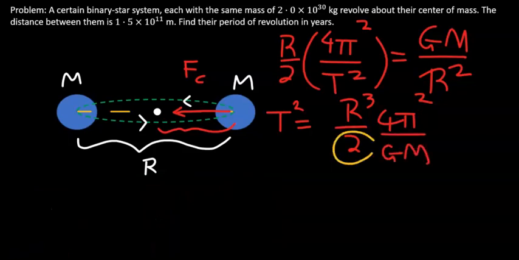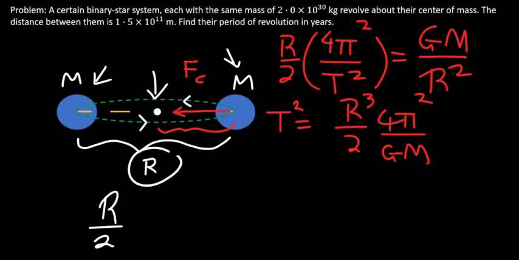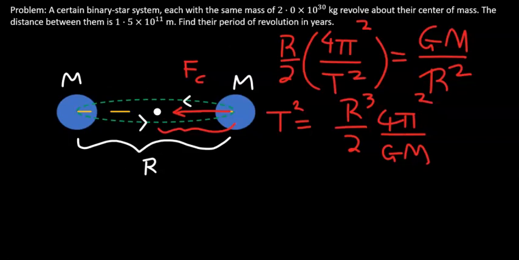Note the appearance of 2 in the denominator for this expression that was absent in our standard treatment a few minutes ago. The reason for this is that in this problem the two bodies are orbiting about the center of mass, and the distance between either of these bodies to the center of mass is r over 2 and not r.